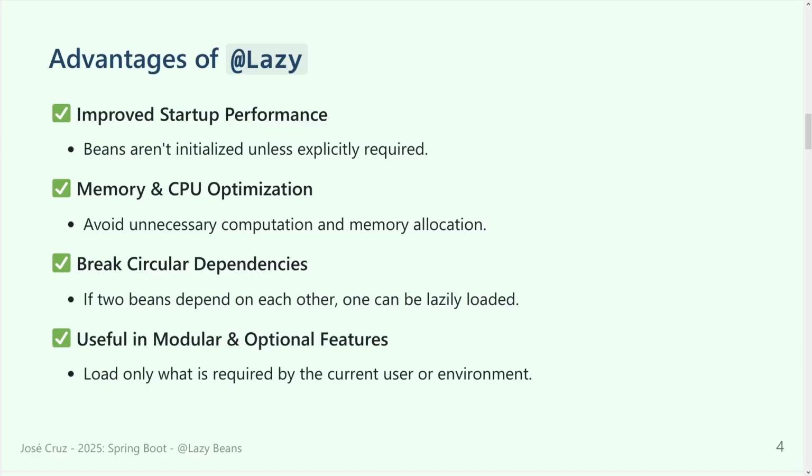Break circular dependencies. I've talked about that in the past when I created a bit of auto prototype. Sometimes you have bean A that depends on bean B, and B depends on A, and this can happen a lot if you are not careful, especially if you are using interfaces on these beans. One way to avoid the circularity is to use lazy, because one of the beans is the proxy, not the real one.